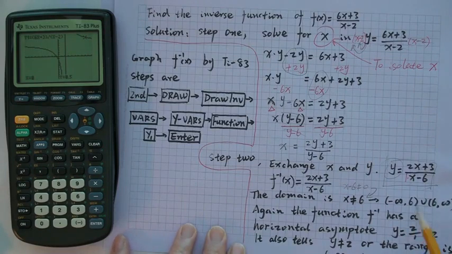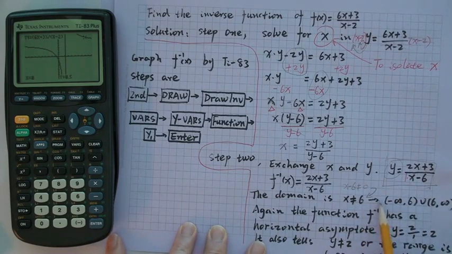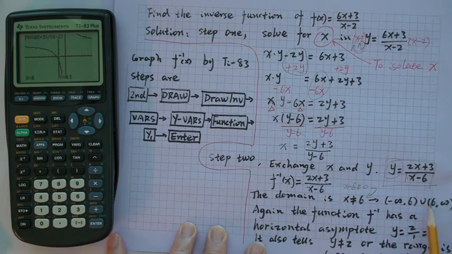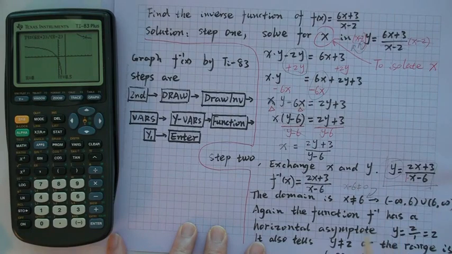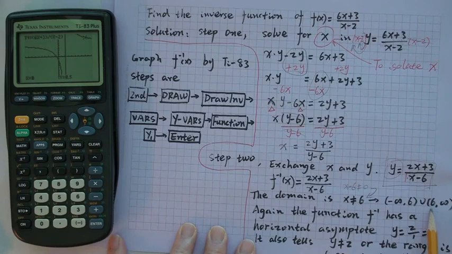The interval representation would be from negative infinity to 6, then from 6 to positive infinity. Make sure here is the round bracket, which tells us that 6 is excluded. 6 is not included. So that's the domain.